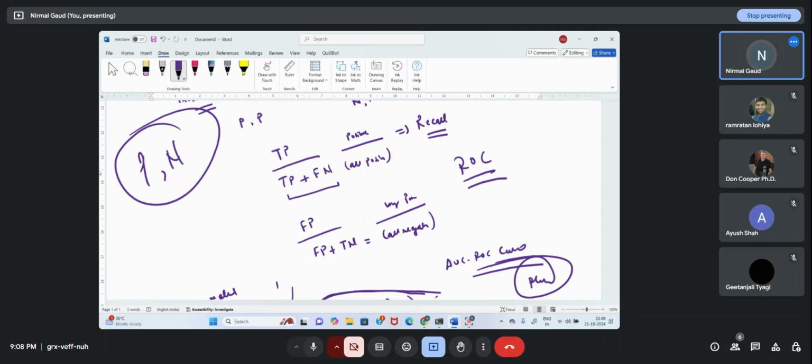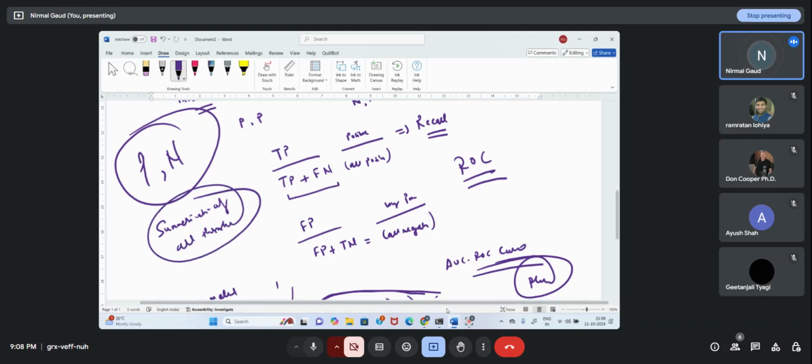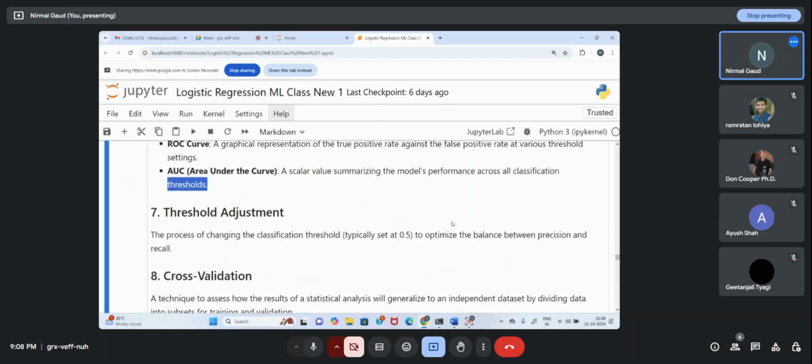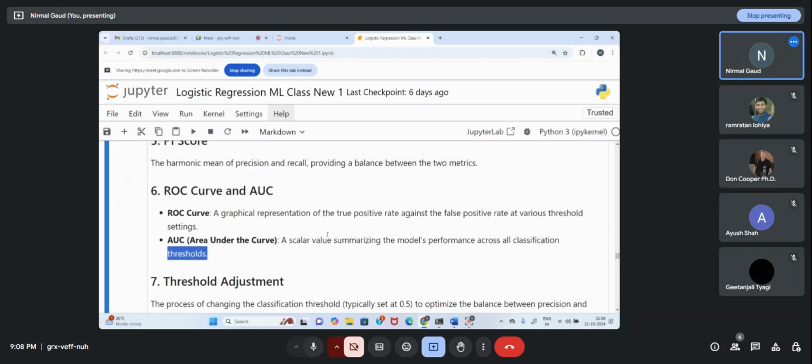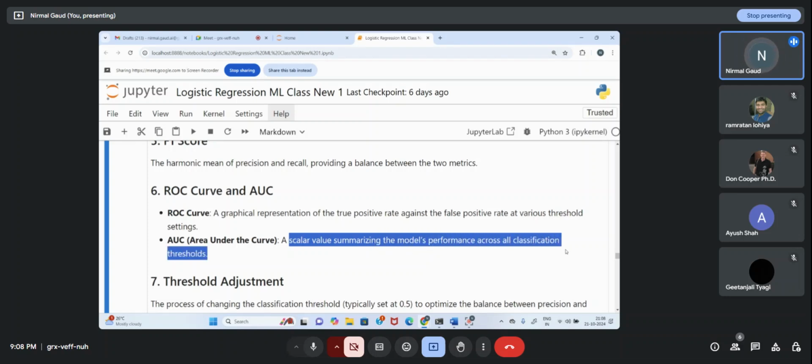And if you make an area, it is a summarization of all thresholds. That's what is mentioned here in the definition. We can see a scalar value summarizing the model performance across all classification thresholds.